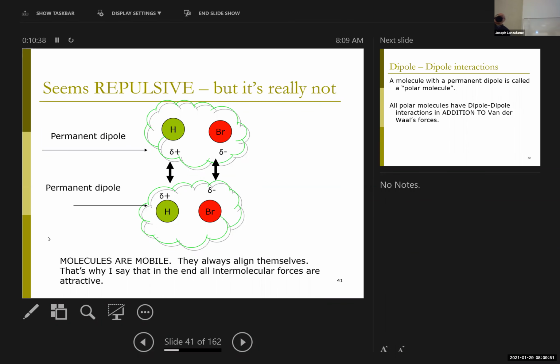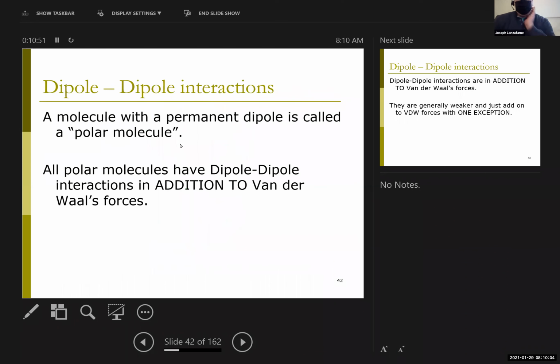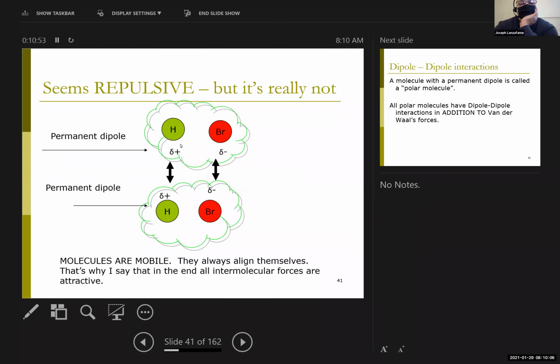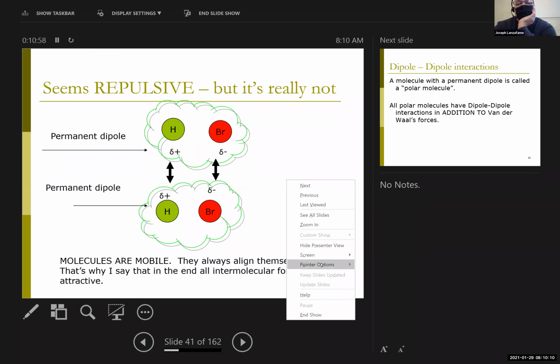And so if the top molecule is moving towards the bottom one, it is not going to approach it in this orientation because there's a natural repulsion between the positives and a natural repulsion between the negatives, right?